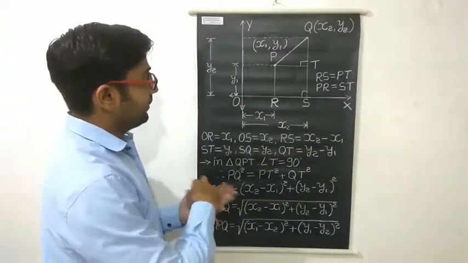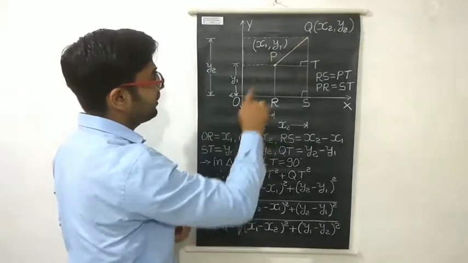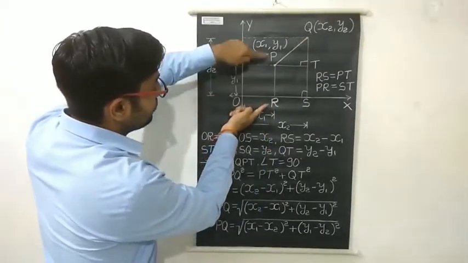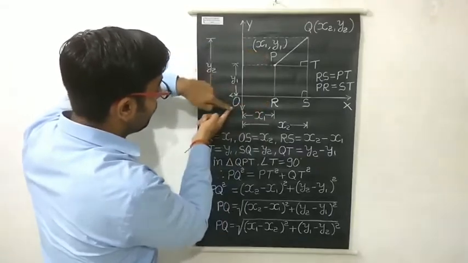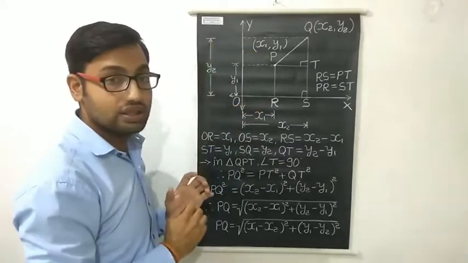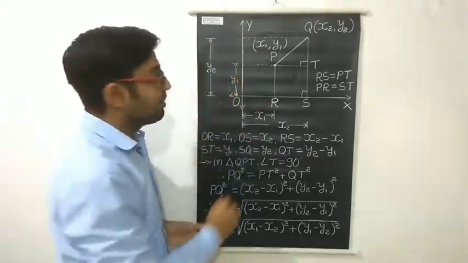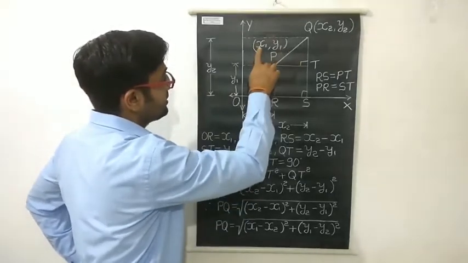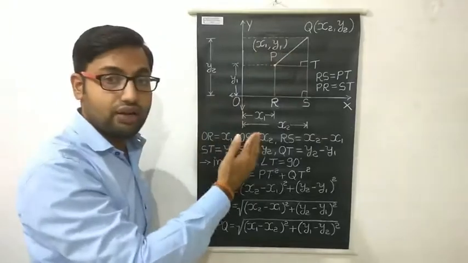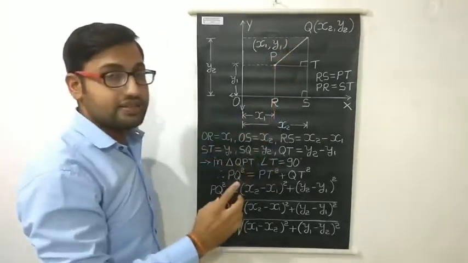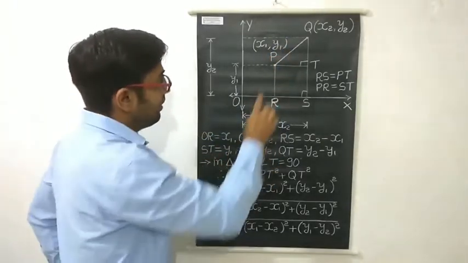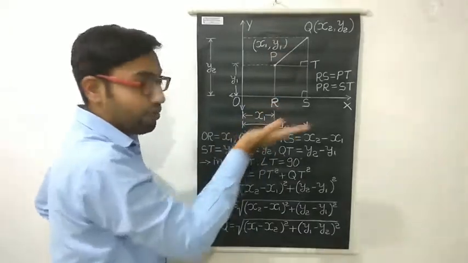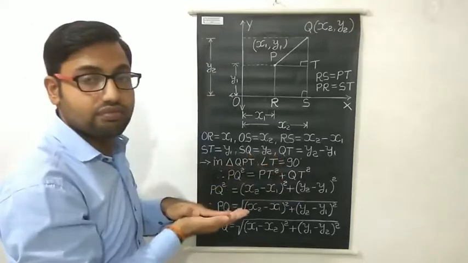In the same way, the distance from P to the x-axis is y1, because the coordinates of P are x1 and y1. What does y1 indicate? It indicates that P is at a distance of y1 from the x-axis.